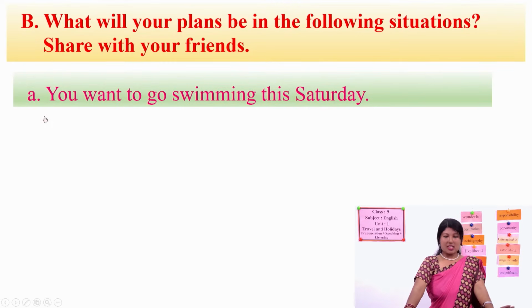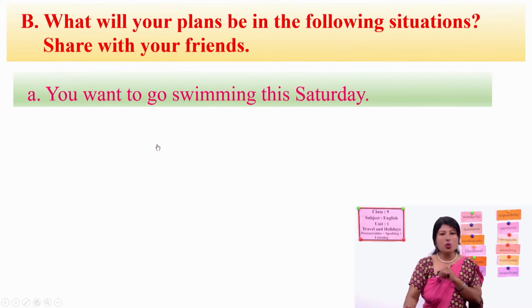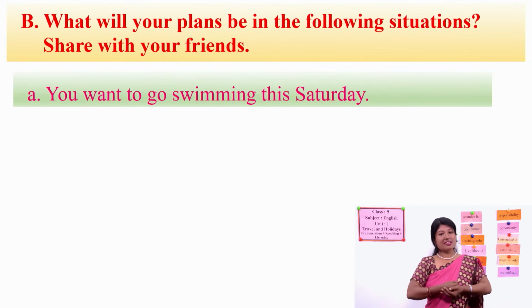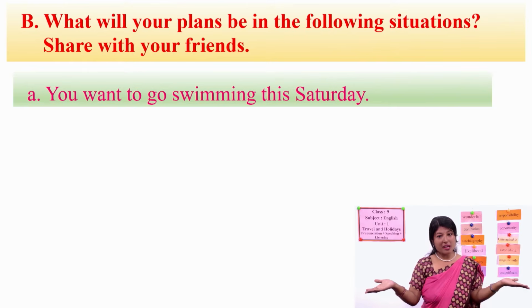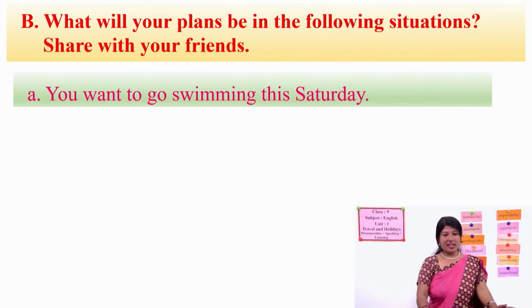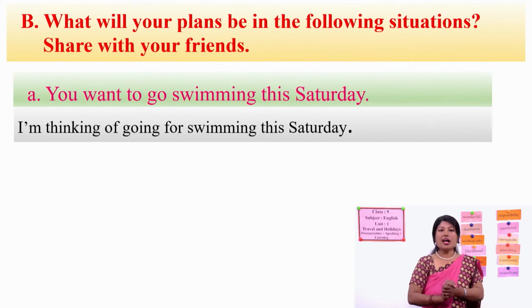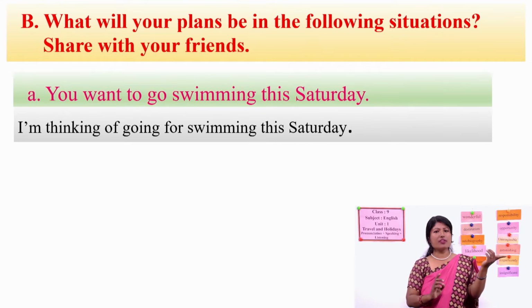Number A, the situation is you want to go swimming this Saturday. You want to go, so you have to plan it. How do you express your plan in this condition? You can say, I'm thinking of going for swimming this Saturday. I'm thinking of, or you can say I'm planning to.